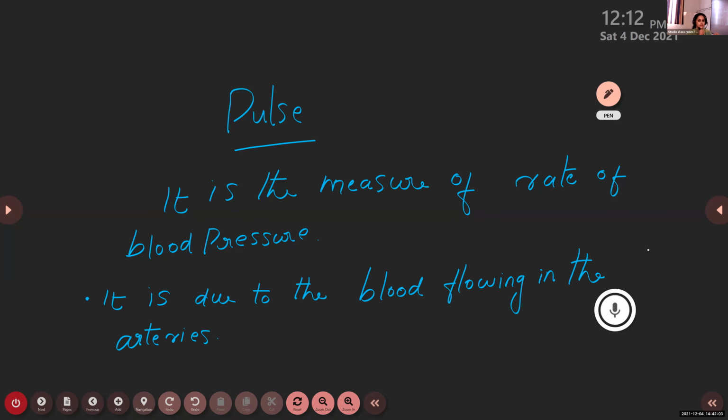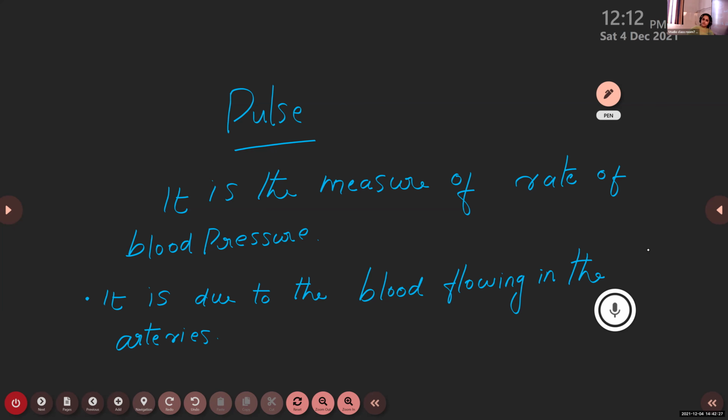Not neck. Whenever we keep it on the left wrist, it is clearly visible. Pulse means the throbbing that you feel when you keep the index finger or middle finger on the left wrist, mainly due to the flow of blood in the arteries.